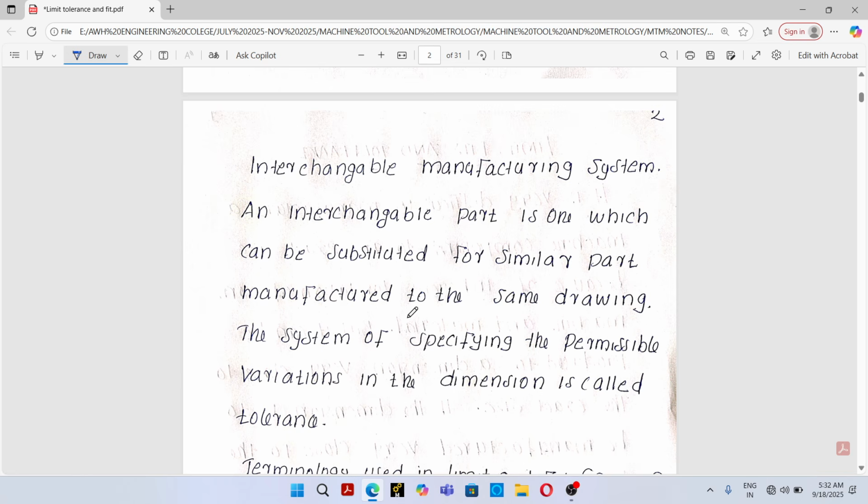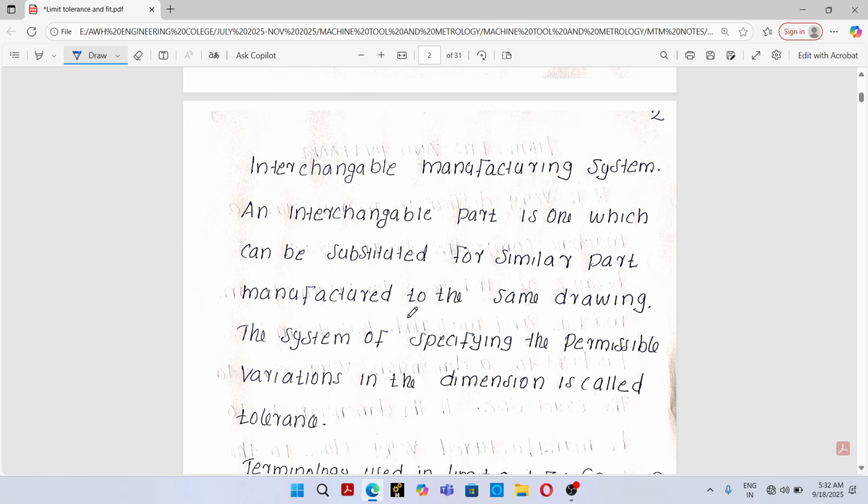Currently we are following interchangeable manufacturing system as it is very difficult to achieve the actual size of a part very close to basic size. If the actual size of a part is very close to basic size, the cost of production will be very high. So in the case of mass production, variations from the basic size are allowed, and that manufacturing system is known as interchangeable manufacturing system.